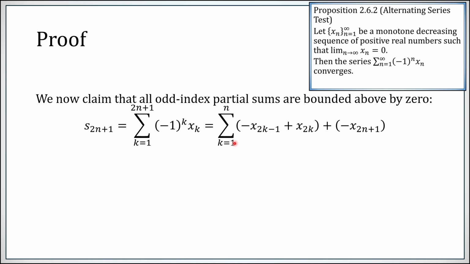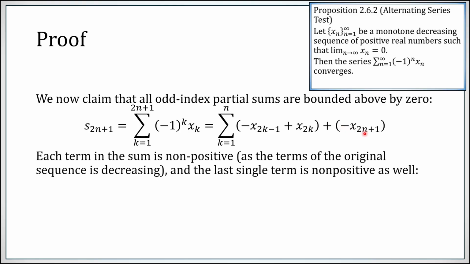Note when k is equal to 1, we get a negative x1 plus x2. When k is equal to n, we get a minus x2n minus 1 plus x2n. So since this original sum went to index 2n plus 1, the only thing that's missing is a minus x2n plus 1.